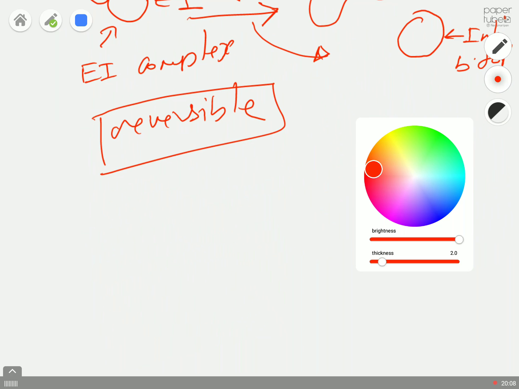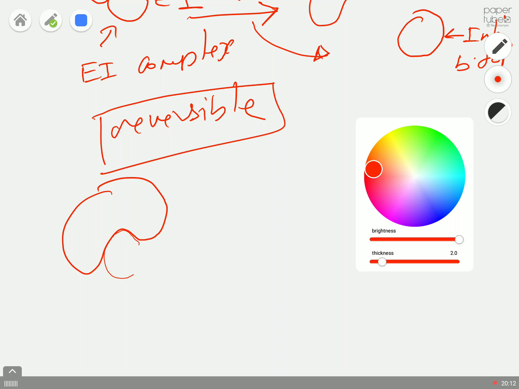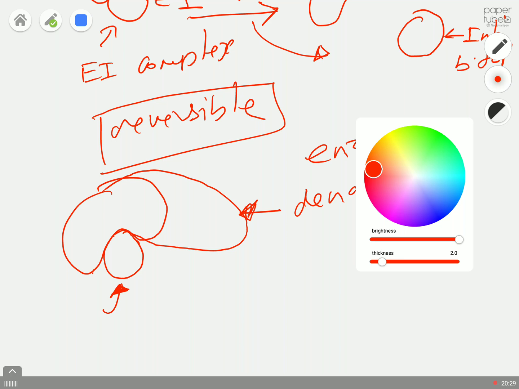Just imagine you have an enzyme, and once your inhibitor binds to this enzyme, it might alter the shape of the enzyme. We call this protein denaturation or enzyme denaturation. Once it loses the shape, it's very difficult to recover the structure of the enzyme.